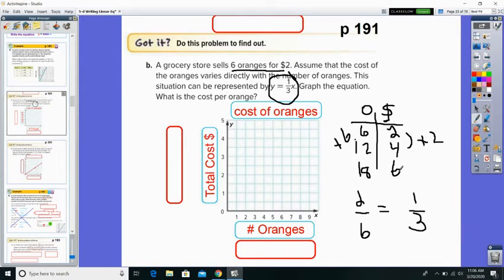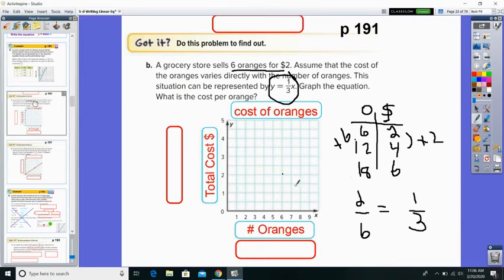So I could go ahead and graph my table: over 6 oranges up to $2. Over 12 oranges, 12 would be somewhere at the end of this graph, up $4.